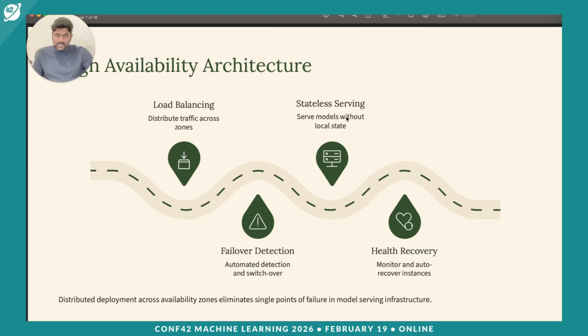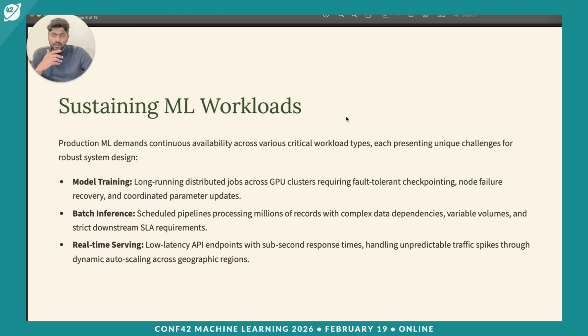These are the things that need to be considered for high availability architecture to achieve a high level of uptime of the systems. And how do we sustain ML workloads? These are some of the model trainings for real production ML systems, depending upon the types of workloads we have, each presenting unique challenges for robust system design.